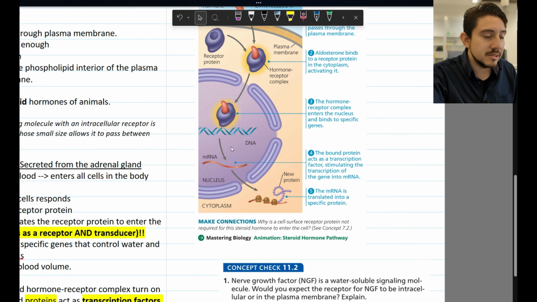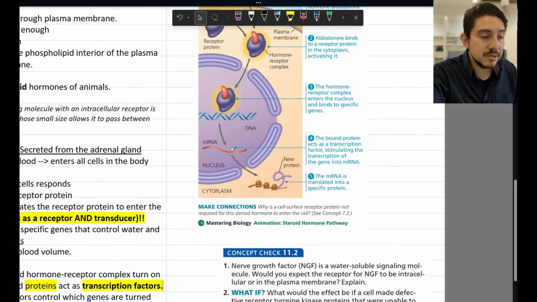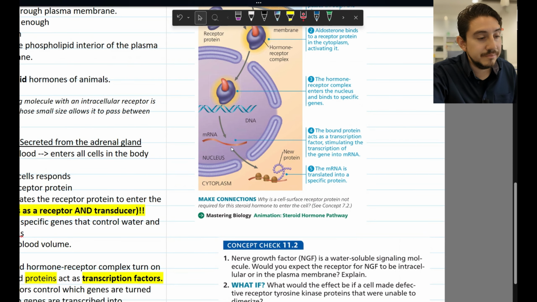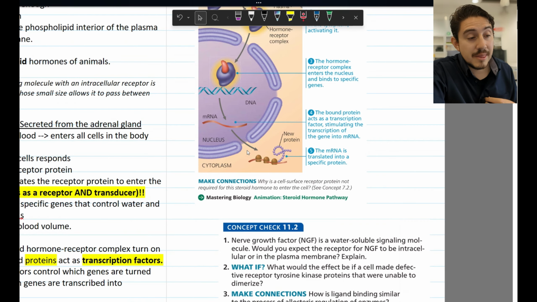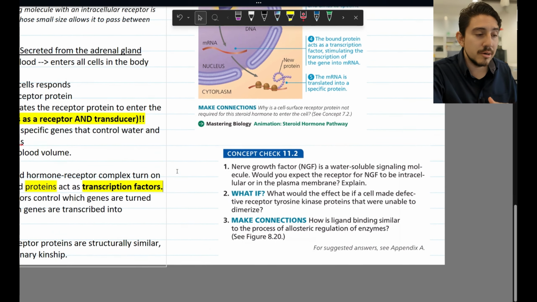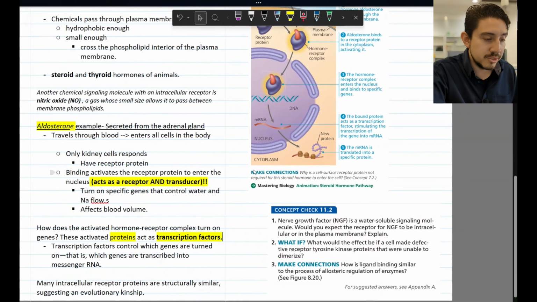Once it's in the nucleus, it will bind to specific genes, so it can act as a transcription factor to initiate transcription, therefore creating mRNA. That mRNA will later go on to be further processed, spliced, and exit the nucleus for translation to occur to produce a particular protein.